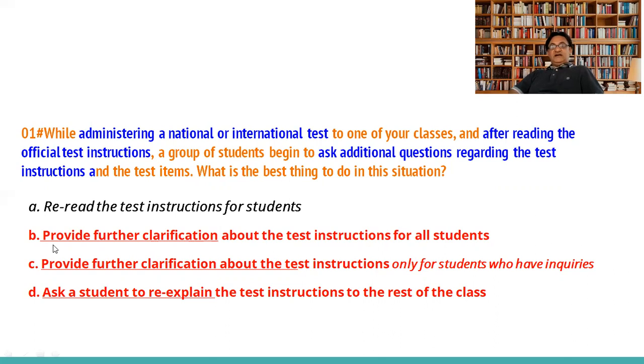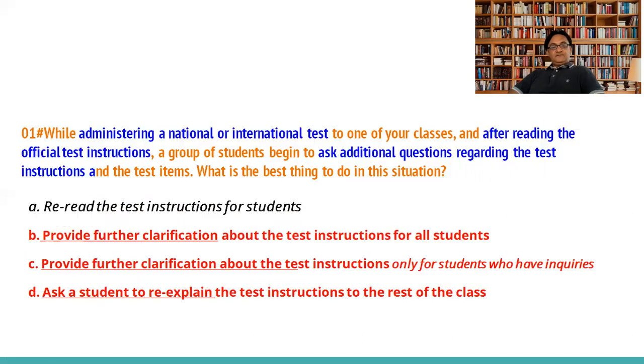Secondly, we know that a national or international assessment is finalized with several reviews, and after review it has been confirmed that you can distribute and conduct it. So there's a minimal chance of any error or mistake that needs further clarification for the students. So B is not the answer.